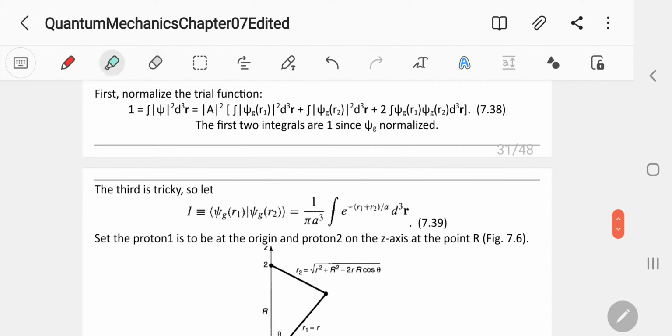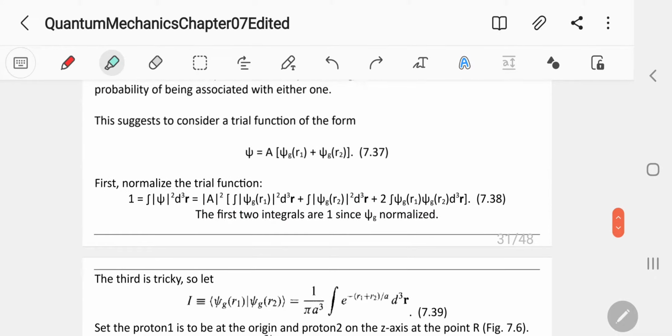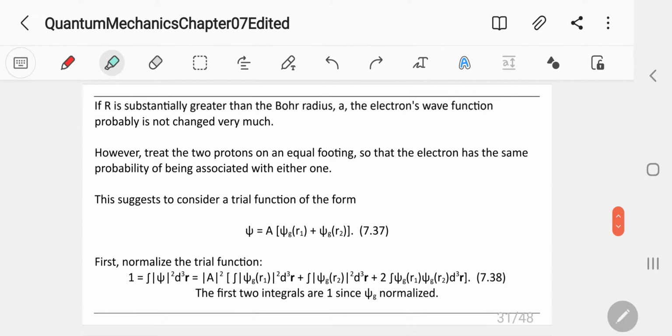So the statement is the first two integrals are just equal to 1 since phi g are normalized, but the third one isn't. Anyway, going back, you have here your trial function psi, which is a combination of two wave functions.